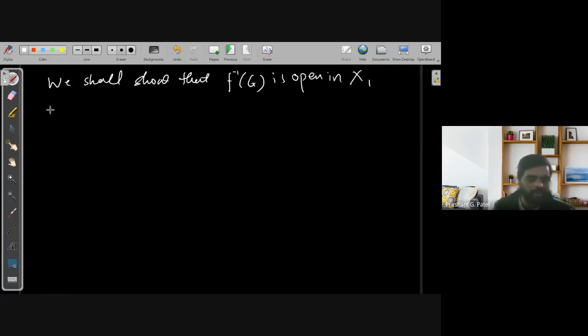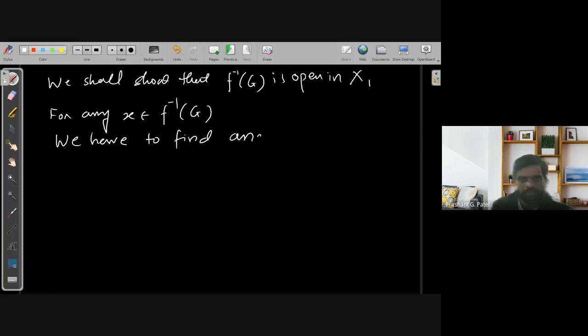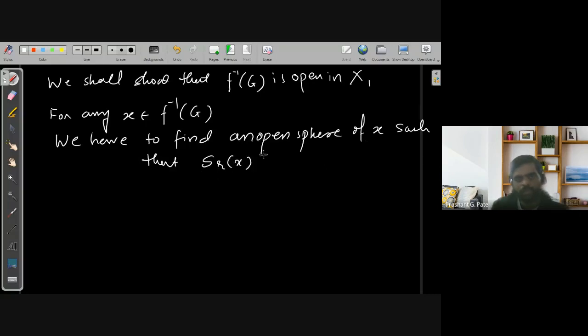So I'll start with any x in this set f inverse of G. What we have to find is an open sphere S_R of x such that S_R of x is a subset of f inverse of G. This is our objective.